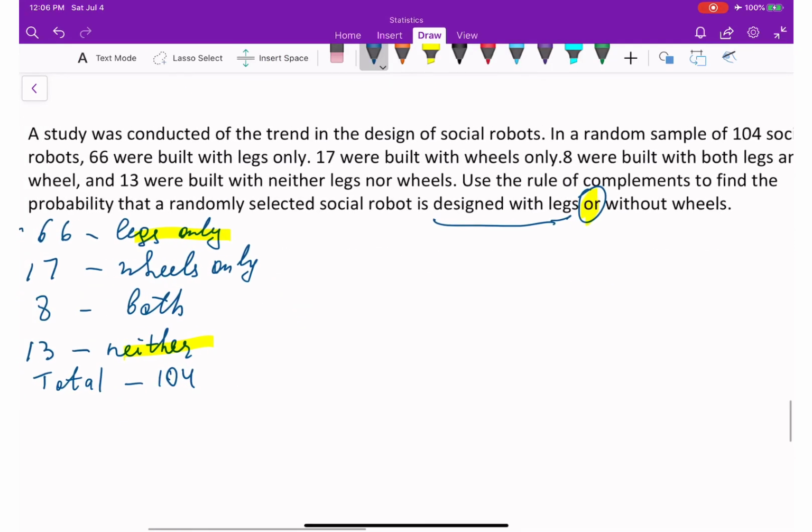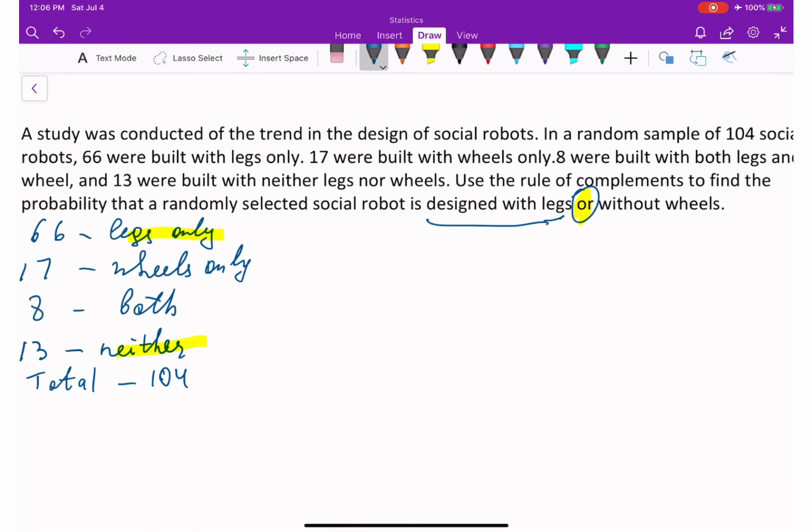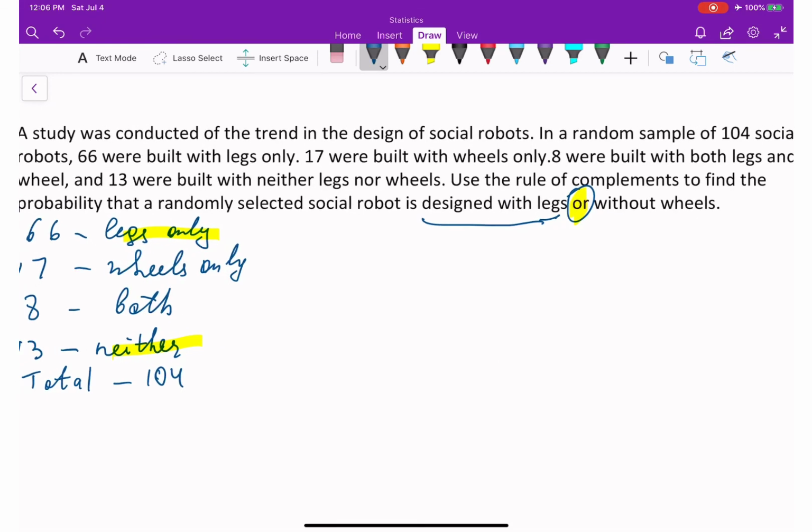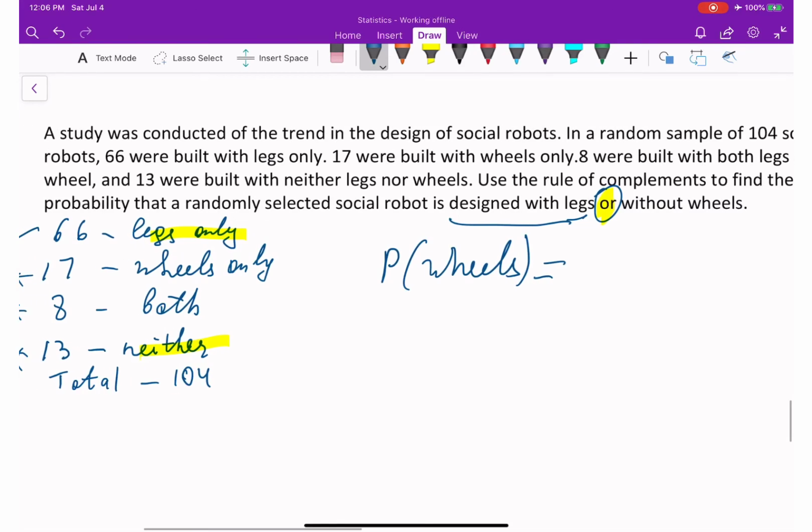To find the probability that a randomly selected robot is designed with legs or without wheels, the easiest way would be to find the probability with wheels. That will be 17 over 104, which is 0.163.